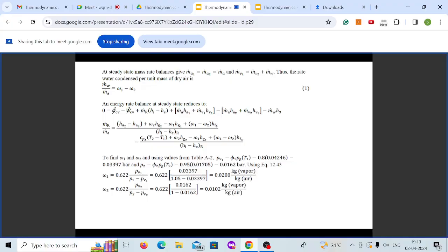It's similar to a problem which we saw previously. So we'll do a mass balance. The mass of dry air will remain the same throughout, so Ma1 equals Ma2 equals Ma. But the mass of water vapor will change.